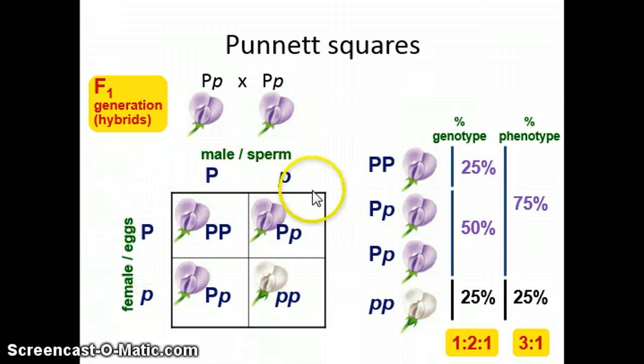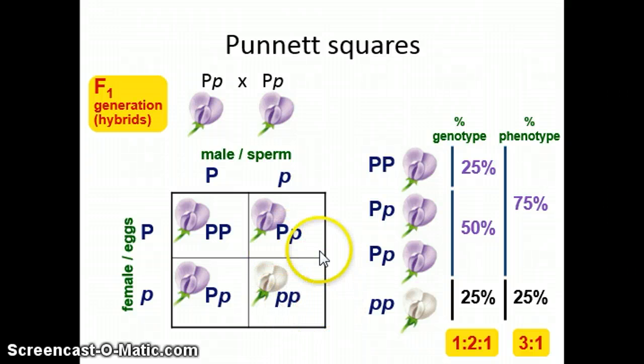The alleles of the male represent the sperm, that gamete, and the heterozygous female's alleles represent the egg. Then we just add these together for each of the blocks. Here we have two dominant P's, for purple, ending up with homozygous dominant, and so on. So you fill in your square.